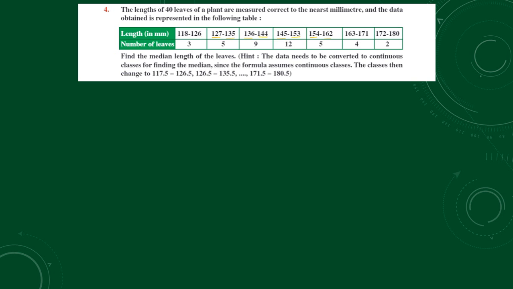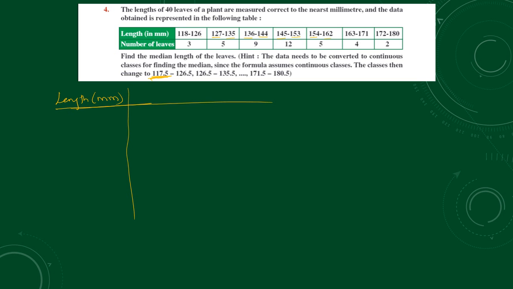It is ending with 126 and the next class is starting from 127. Whenever you have inclusive classes, first of all you need to convert them into exclusive classes, right? The same thing is given as a hint, so while writing itself, write down the class intervals in exclusive classes.